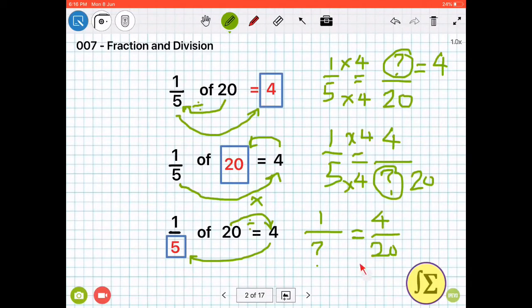So 1 and 4, you divide by 4, you get 1, and 20 you divide by 4, so this answer will be 5. Okay, so if you're confused about which number to divide and which number to multiply, just use the concept of equivalent fractions to find your answer.